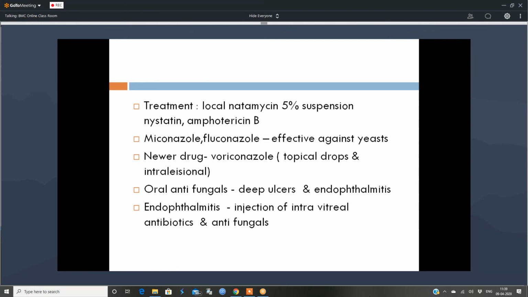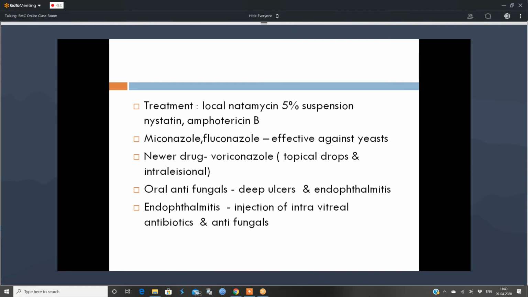But there is a problem with the treatment of fungal ulcers. In fact, with fungal infections anywhere in the body, we have a problem. What is the problem? Does anybody know? Why is it very difficult to treat fungal infections? Yes?